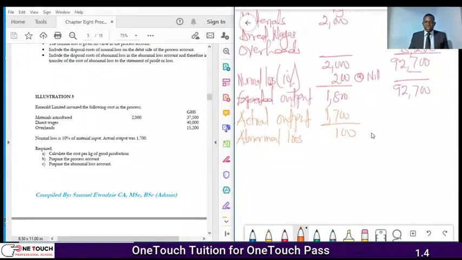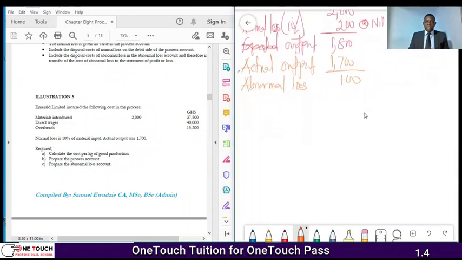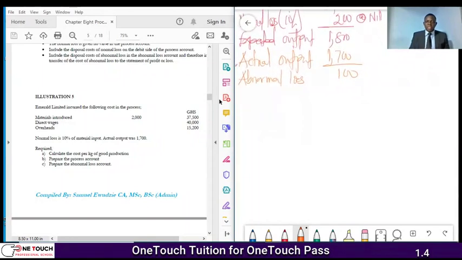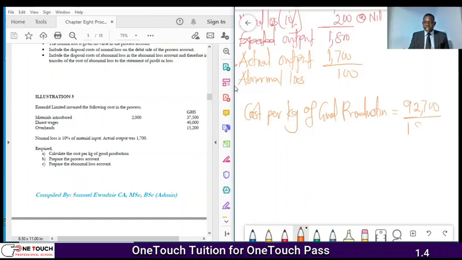Now, let's look at the cost per kg of good production. So here, our cost per kg of good production is equal to the expected cost, which is 92,700, divided by the expected output of 1,800.